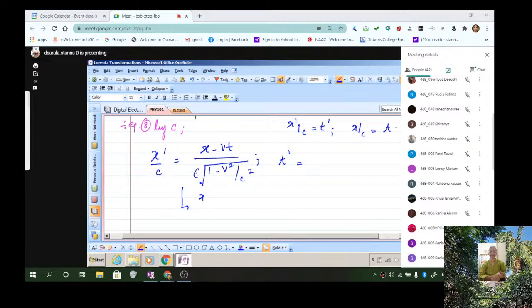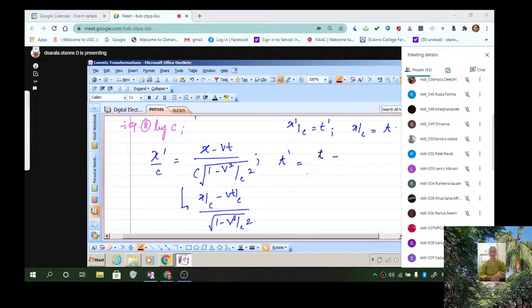So I am dividing by (x by c minus vt by c) under root 1 minus v square by c square. So what is it that we are getting from here? x by c is nothing but t, minus vt by c.